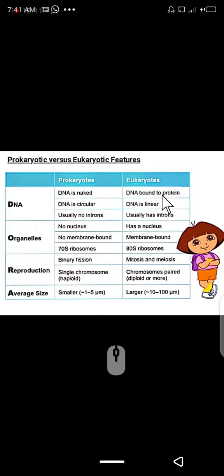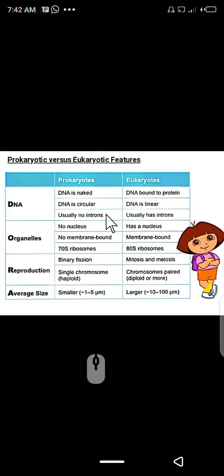Then in prokaryotes DNA is circular, and in eukaryotes DNA is linear, straight. Prokaryotes usually have no introns, and eukaryotes usually have introns.